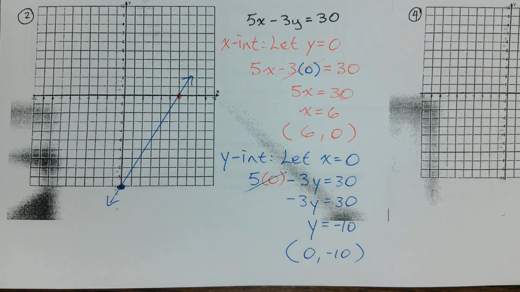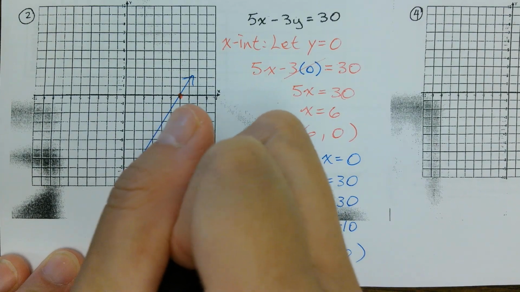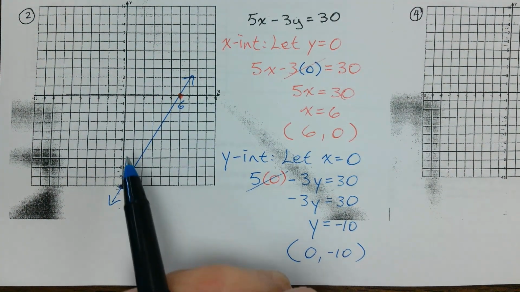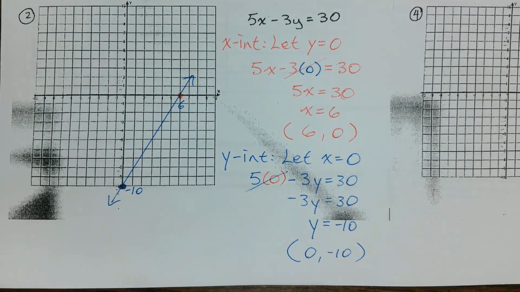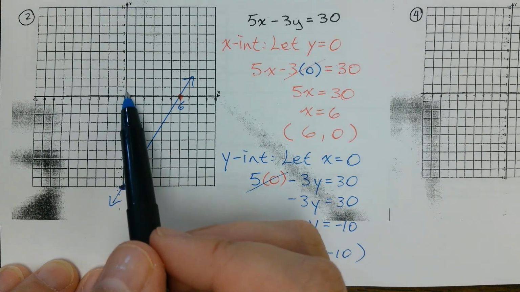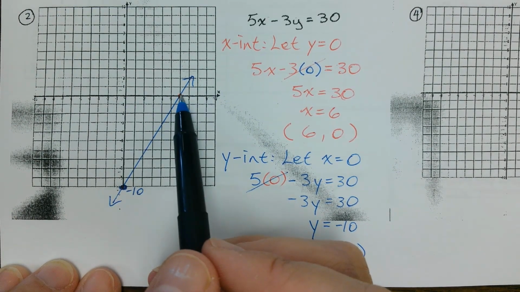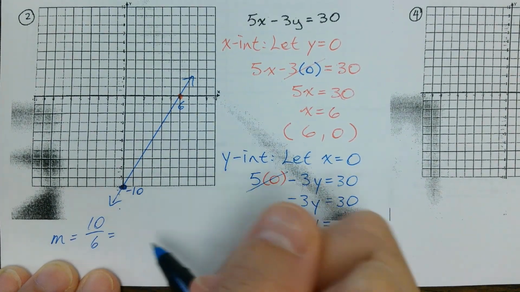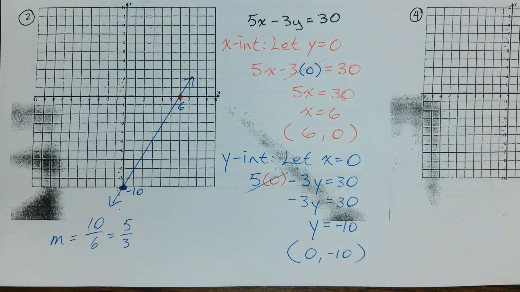This is -10. This is 6 right here. So what's my slope? 5 over 3, right? Rise over run. So my rise is 10, my run is 6. So my slope is 10 over 6. I can reduce that to 5 over 3.